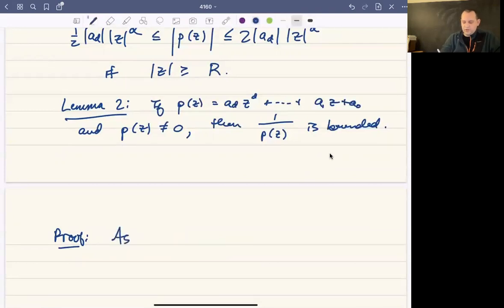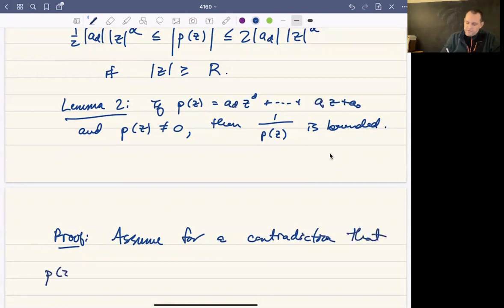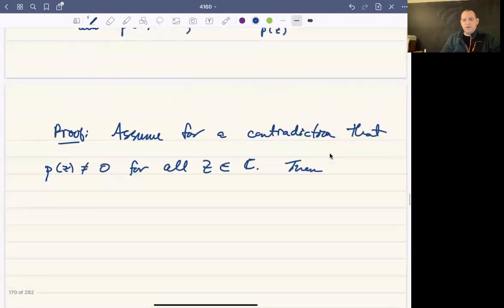Let's assume for a contradiction that p of z is not equal to 0 for all values z. In particular, that tells you that 1 over p of z is entire.